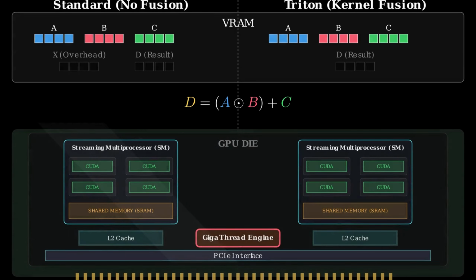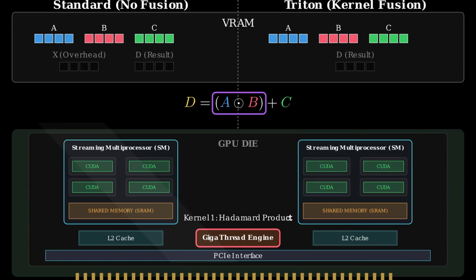The graphic below shows a simplified streaming multiprocessor. We are only showing 4 CUDA cores, because that's all we need here. There is also something I haven't mentioned yet, a small memory inside every streaming multiprocessor, where the various cores can store their results. In the standard case, the first operation is the Hadamard, or element-wise product, between A and B.